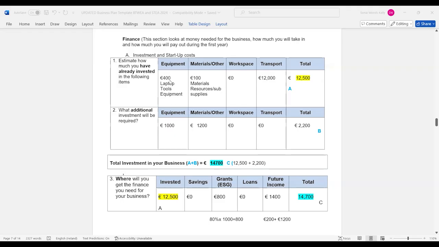The best way to get a value on the equipment is one of two ways. You can look at it as if you were going to sell that equipment on a social media platform, given its usage and wear and tear and its original value, how much would you reasonably expect that equipment to sell for?